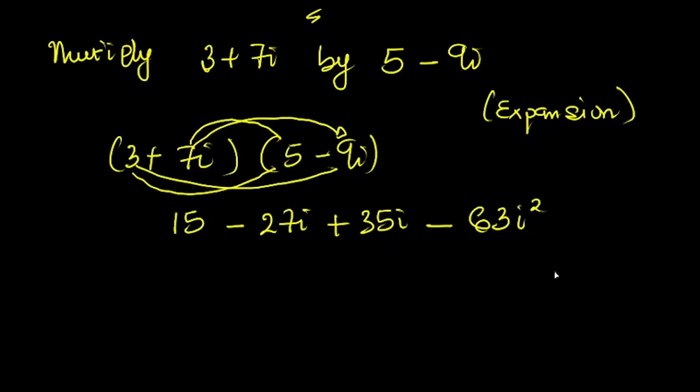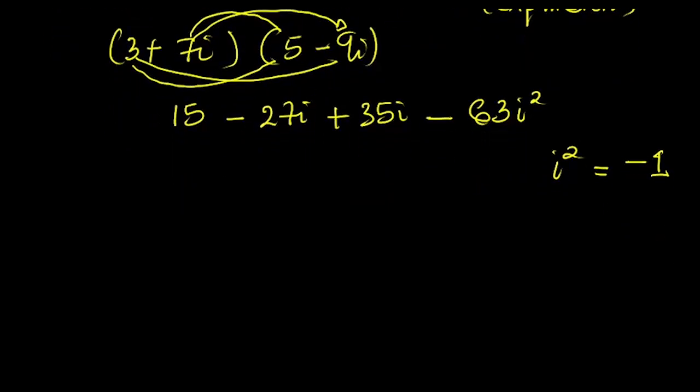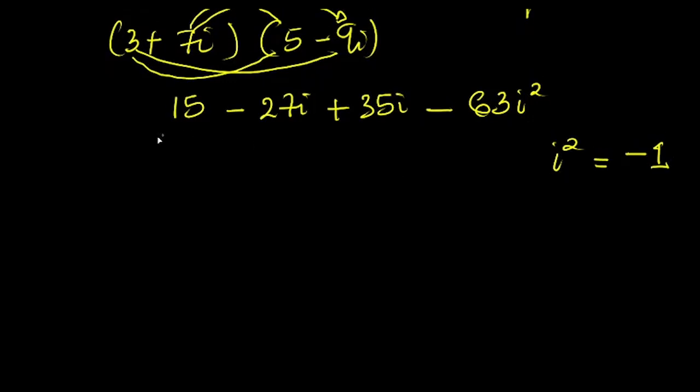Now this i squared on its own has a value of minus 1. We'll explain what this means. Maybe that's where I'll end the class for today, or I might go further depending on how much time we have. Of course we're going to simplify this. We have 15 minus 27 plus 35, which gives plus 8i, minus 63.